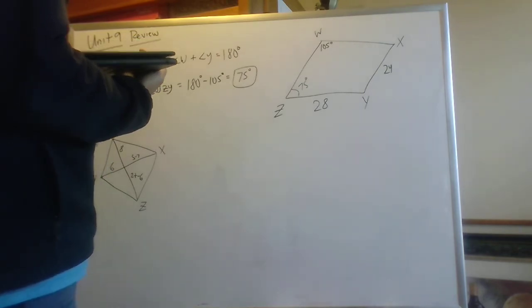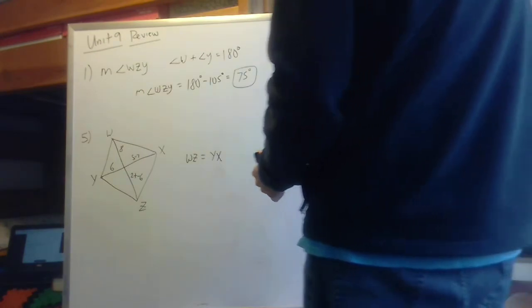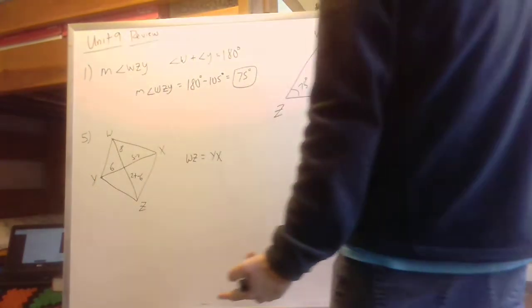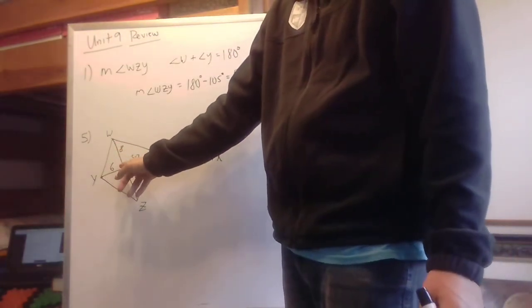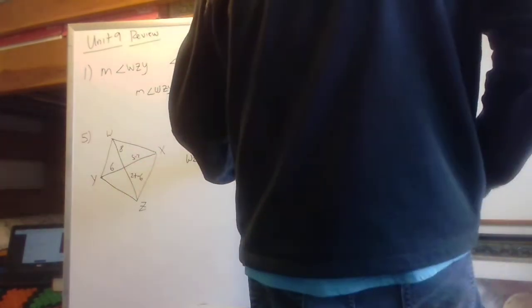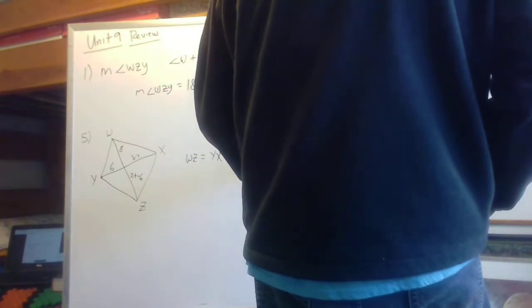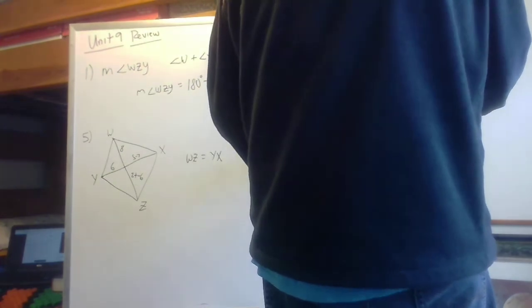All right, so a property that we've looked at in previous sections tells us that these diagonals, so WZ is equal to diagonal YX. And we can also look at the length of the diagonals. So wherever they intersect, it basically creates two equal segments. So for YX, that's going to equal s minus 7 plus 6.